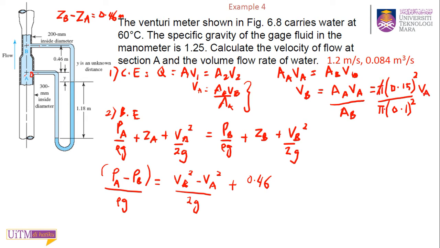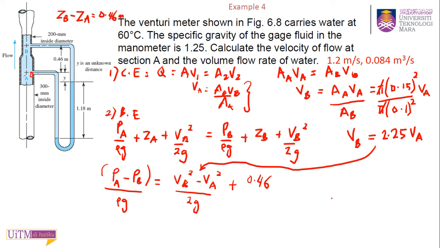Okay, so you can cancel all the pi. So what's the value for VB in terms of VA? 0.15 squared over 0.1 squared. What's the value? 2.25 VA. Okay. So this VB term, just put back inside your equation here.